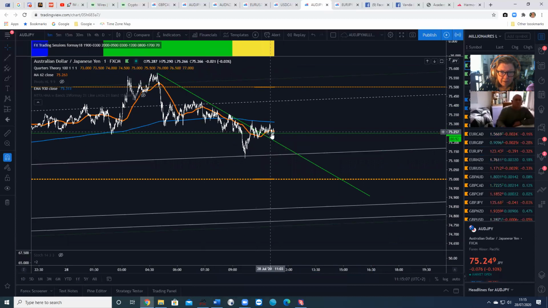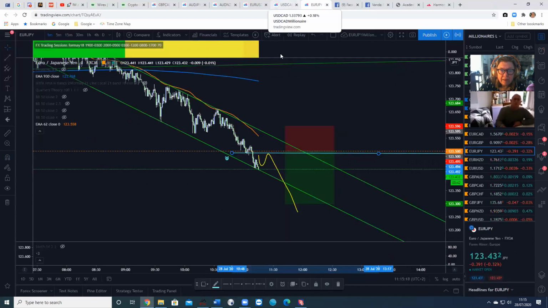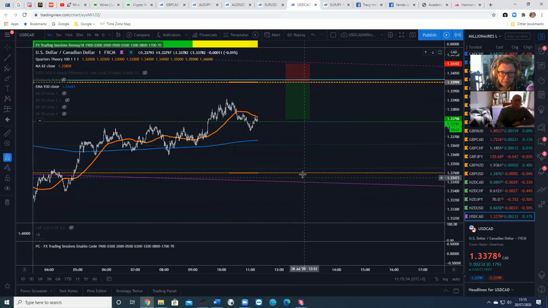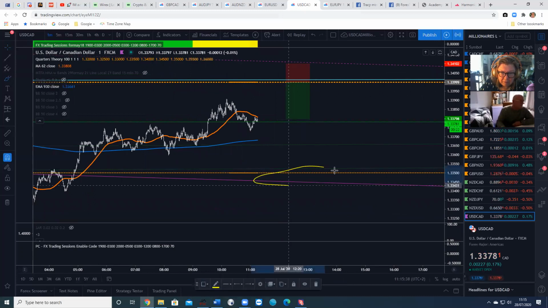Nothing, it's just hugging along the 62 at the moment. That's an Asian pair. USD CAD dipped below, might be fading, not doing anything at the moment, might take off in New York. Got it marked up there, but equally it could come down to this level here, which is a point of interest because I do like it when you get these two together.